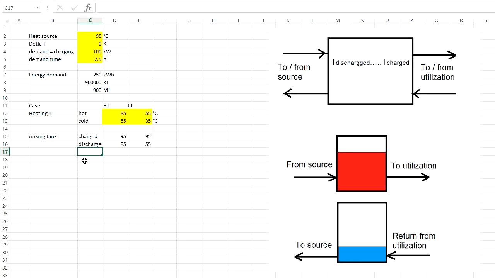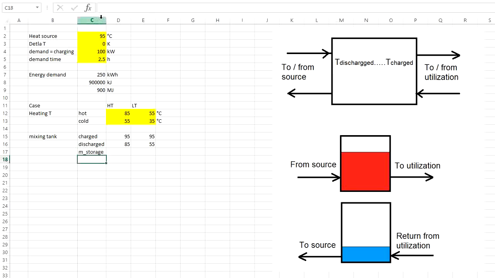And we can calculate what is the mass of the water required for the supplying of this amount of energy, 250 kilowatt hours. But in order to do that, we will need some thermodynamic parameters.